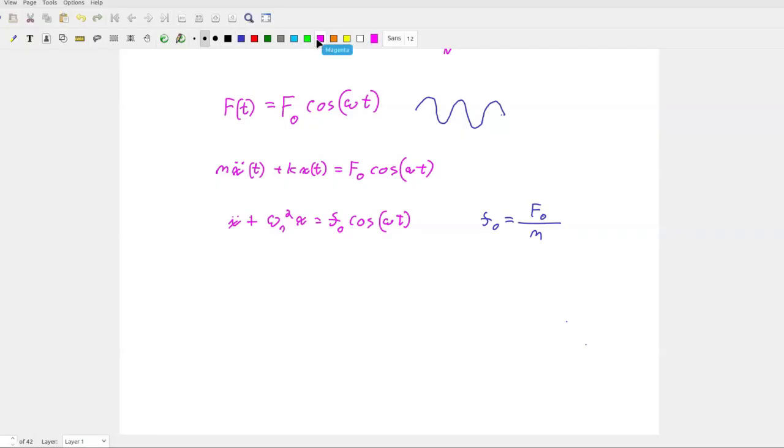I now hit a problem. My equation of motion is a second order linear non-homogeneous differential equation. It's non-homogeneous because there are no terms on the right-hand side of the equation. So one way to solve an ODE of that form is to take the sum of the homogeneous and particular solution.